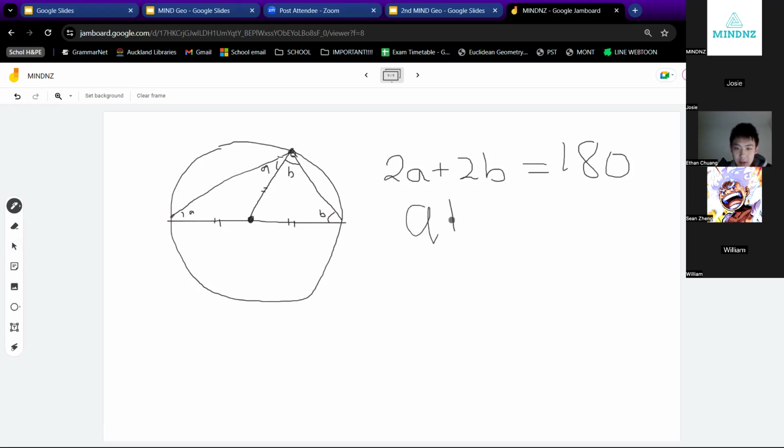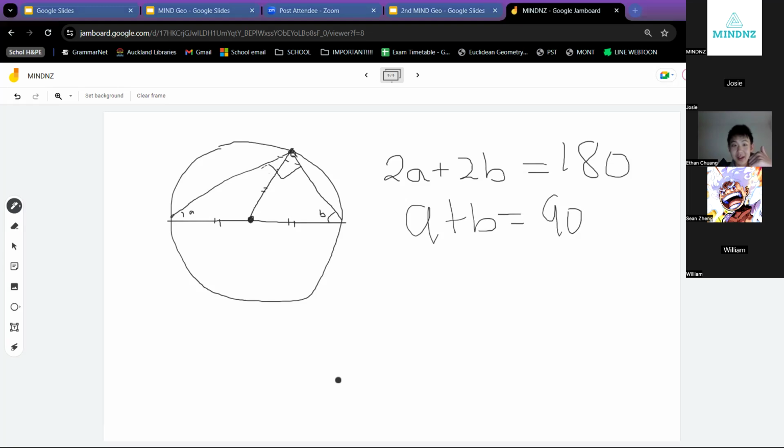So we know that a plus b is always equal to 90 degrees, which is just this angle right here. That means this angle will always be a 90-degree angle. Does everyone understand? Does it make sense why there's always a 90-degree angle?